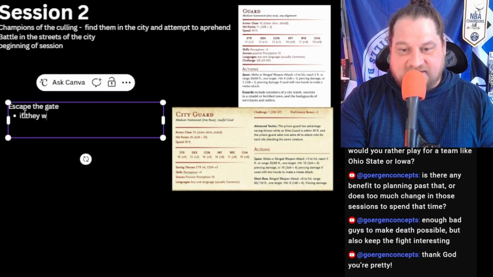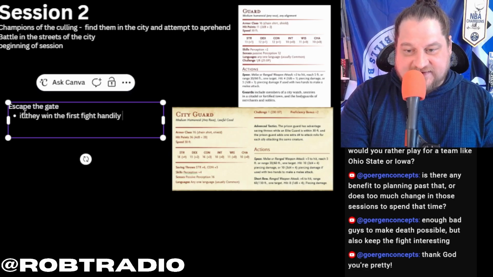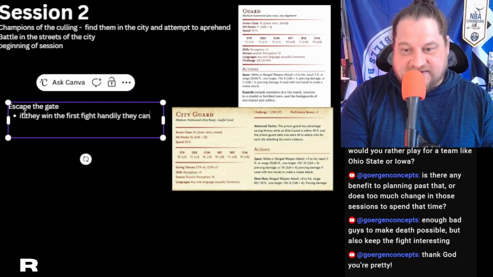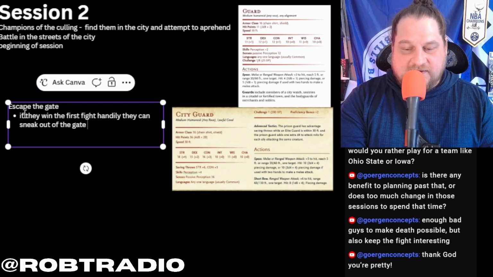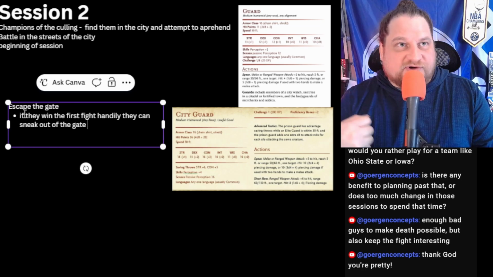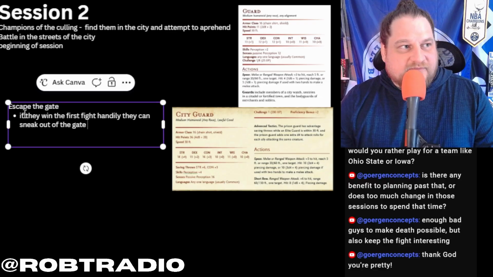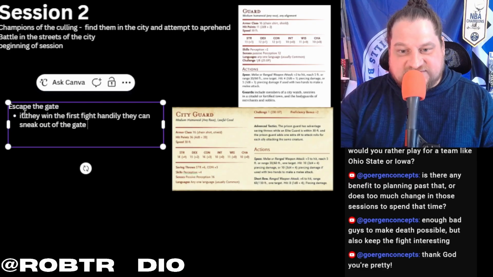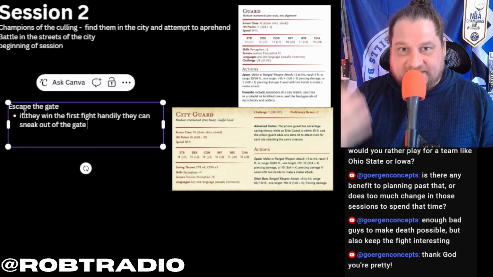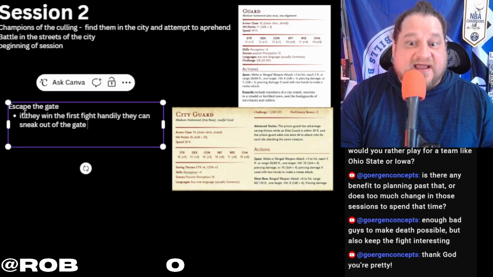If they win the first fight handily, they can sneak out of the gate. This would be some sort of them crawling up on top of the wall, fighting several guards in small clusters rather than one big fight, and that being the way that they get out.